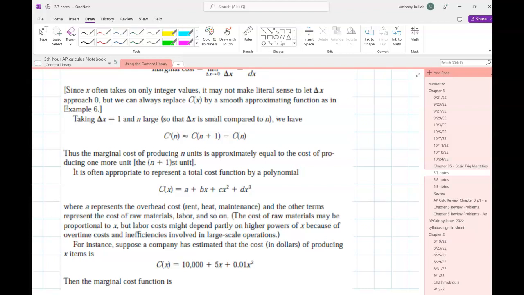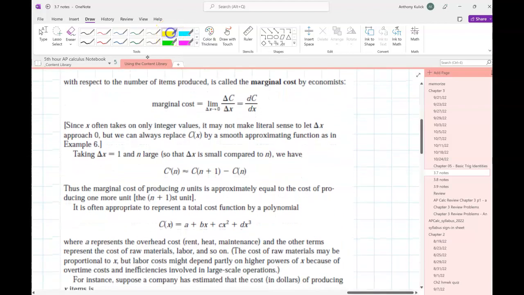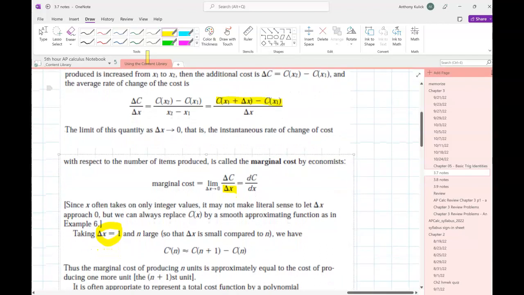Why? We basically just plugged 1 in for delta X, right?